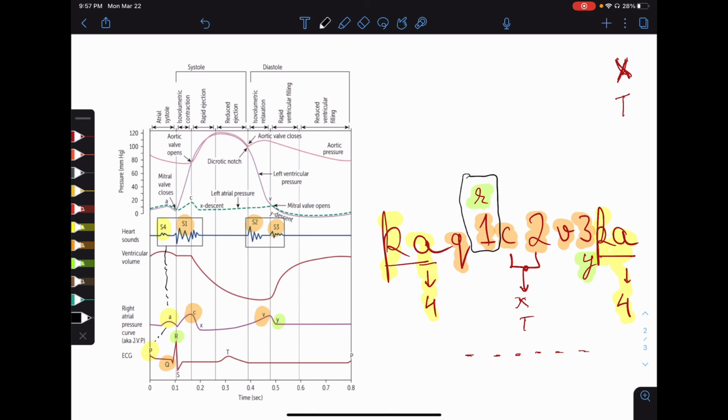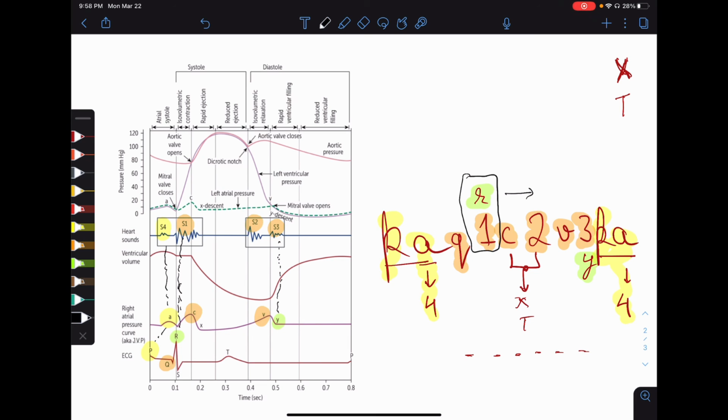Here you see in the diagram, here is the R wave which is there with the first, and the third with the Y. Then I drew a line from 2 backwards to join C, and in between I put X and T. So if you move from C to 2, in between you will find X and T.